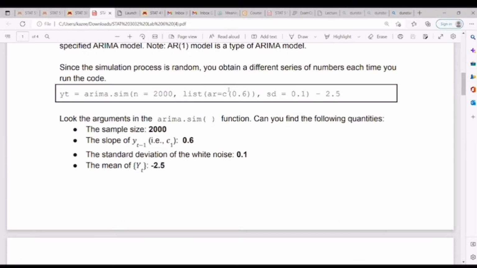So I believe you understand what I put here now. This is the C1, and this is the standard deviation. Of course, we got this by finding the square root of the variance of WT, and the minus 2.5 is the theoretical mean. I think you understand the specification now.